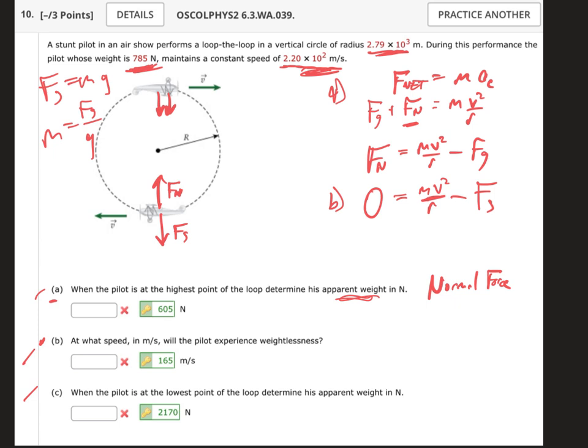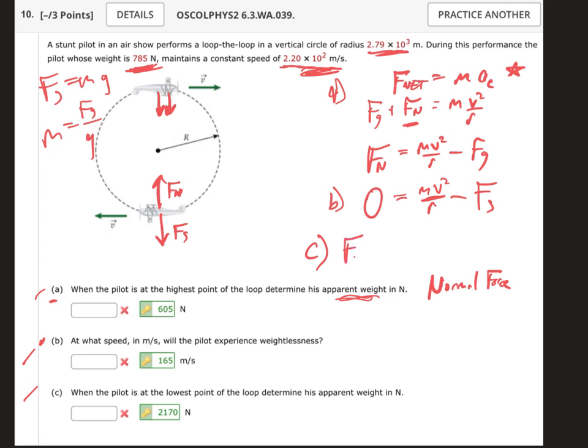So for part C, it's kind of the same deal. The net force, like we did up at the top, equals m times a. We still have a centripetal acceleration, but now Fn is up and Fg is down.